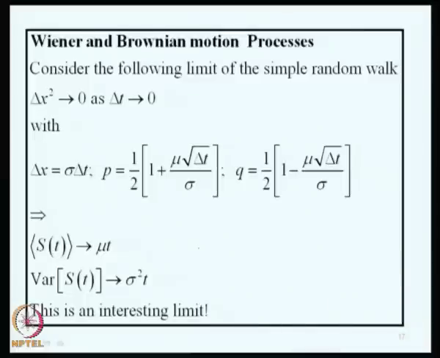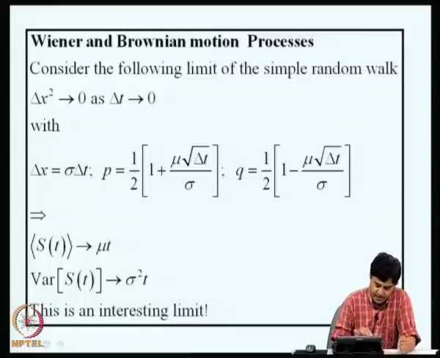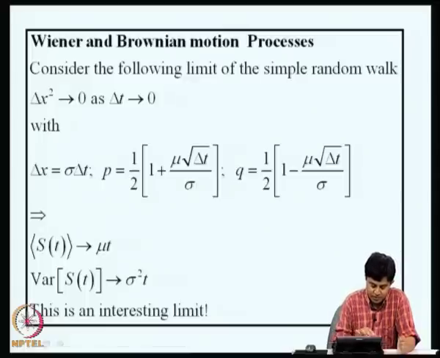Now, on the other hand, if delta x square goes to 0 as delta t goes to 0, then what happens? The variance of S of t now goes to a quantity which is non-zero, and by minor adjustment of these terms, we can show that mean of S of t becomes mu t and variance becomes sigma square t, and this is quite an interesting limit.